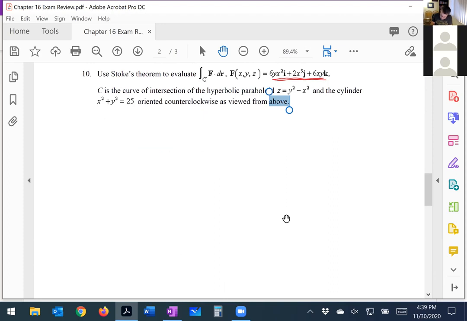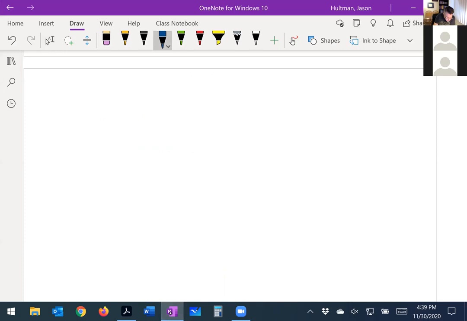Okay, so we have z is equal to y squared minus x squared. And we have x squared plus y squared equals 25. So we have this surface, okay? We have this cylinder out here at 5, right?